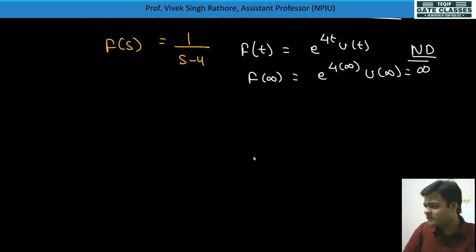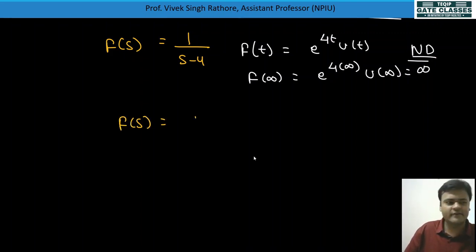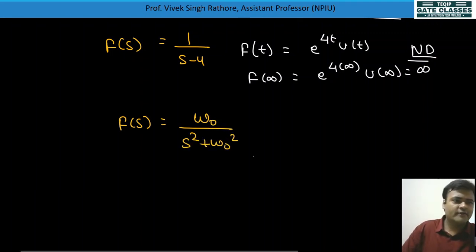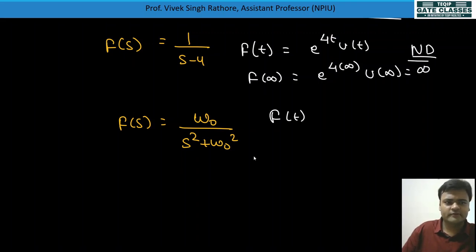Now I'll tell you, if f of s is given, let's suppose omega naught by s square plus omega naught square is given. Okay, its f of t will be sine of omega naught t u of t.